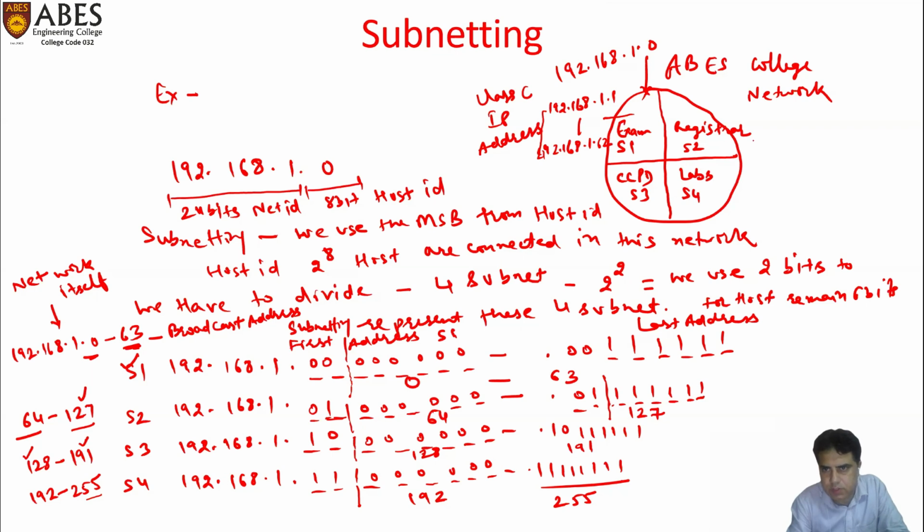For the subnet S2, 192.168.1.64 is used for the network address. From 65 to 126, these are the usable host addresses for S2.